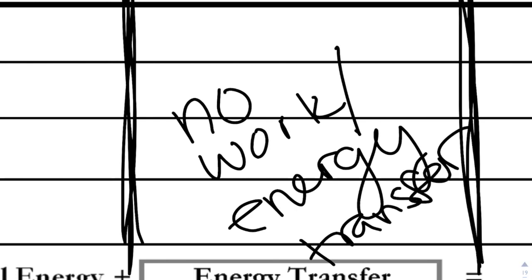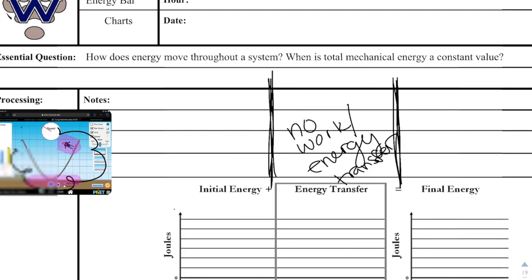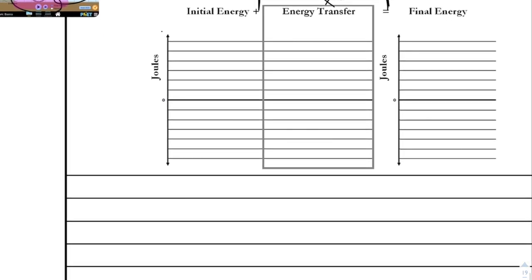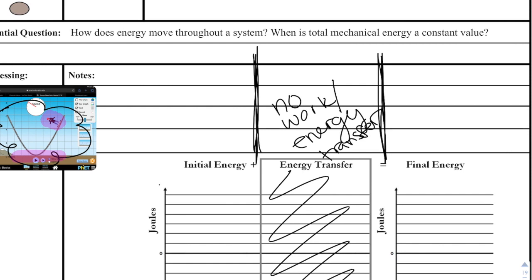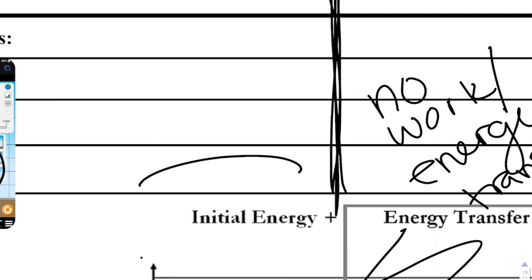There's nothing coming into or out of the system, so we're going to get rid of this section of our chart. We're not going to use it yet. In the future, there will be things coming in and out of the system, and that's when we're going to start using that.